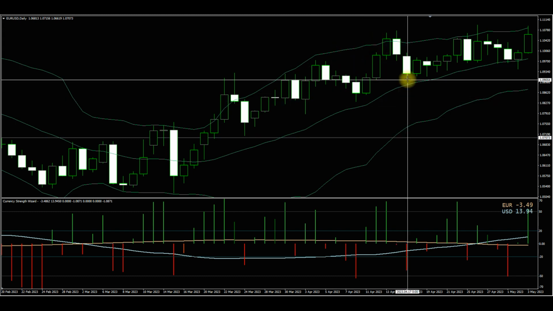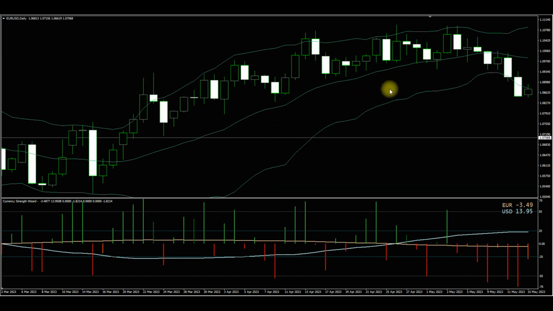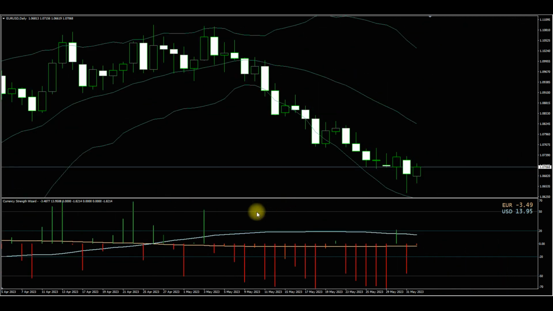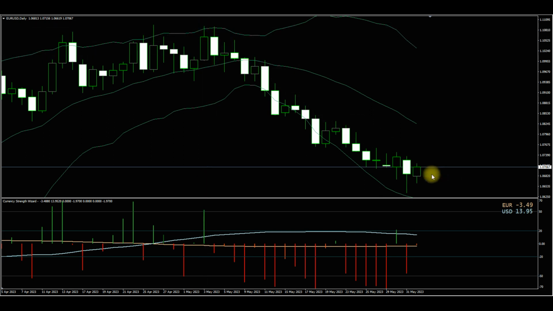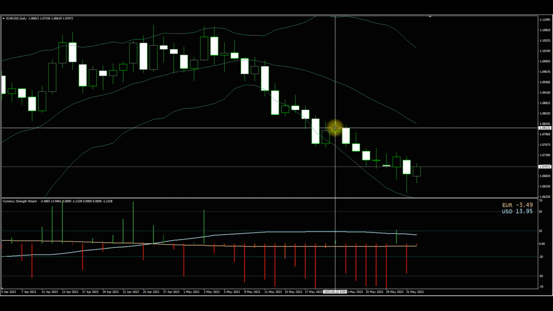Then the situation changed, and as you can see, now the USD is in sell trend, and you could actually enter this trend almost at the moment when it started. Here, at this point, you could enter with a new sell trade.